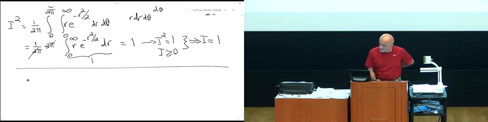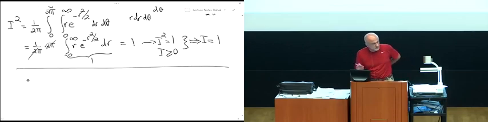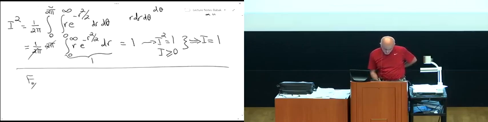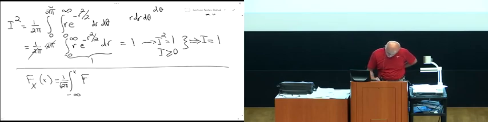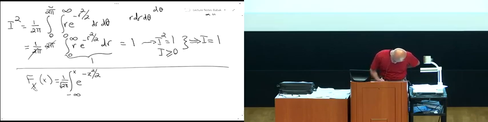This Gaussian random variable has a whole bunch of really awesome properties, but there's one thing really ugly about it, which is its CDF, which is 1 over square root of 2 pi, integral from minus infinity to x of e to the minus z squared over 2 dz, where z is the random variable.